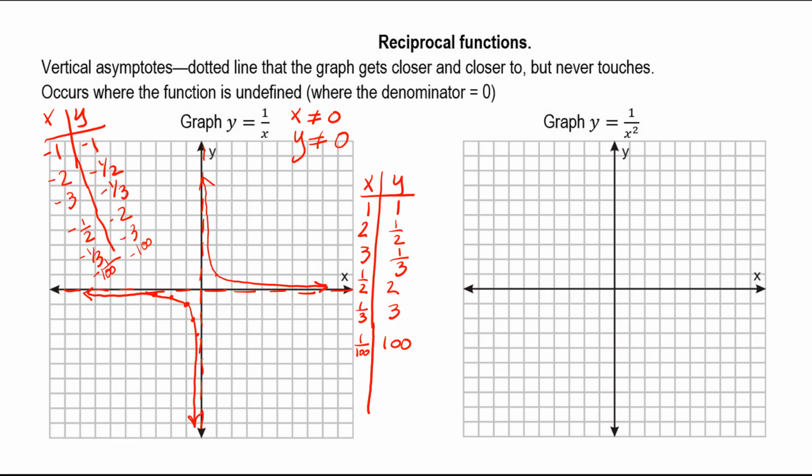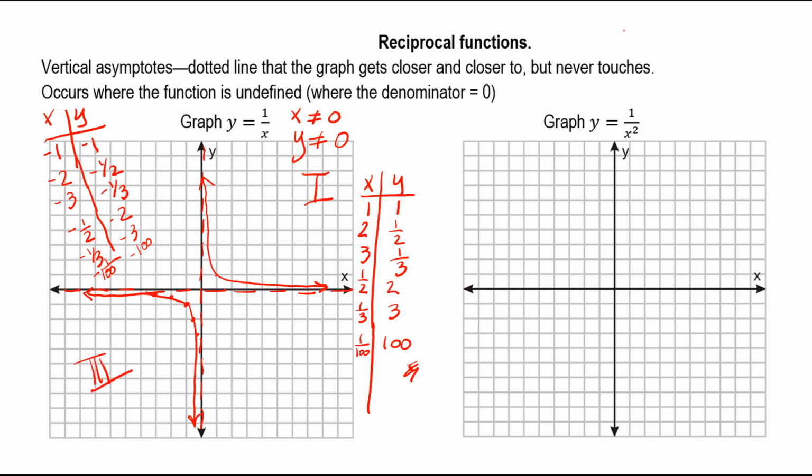1 over x squared looks a lot like it, except now you won't have anything in the third quadrant. In 1 over x, we are in the first and third quadrants.